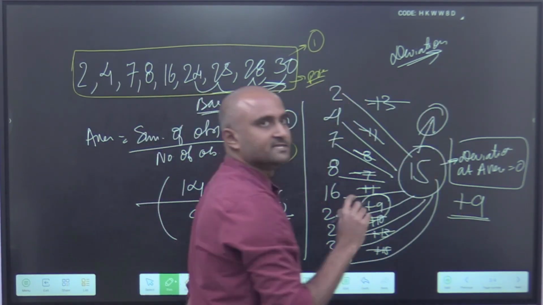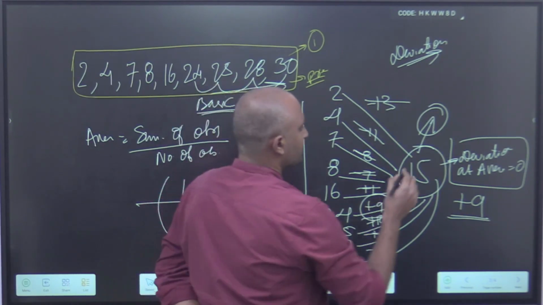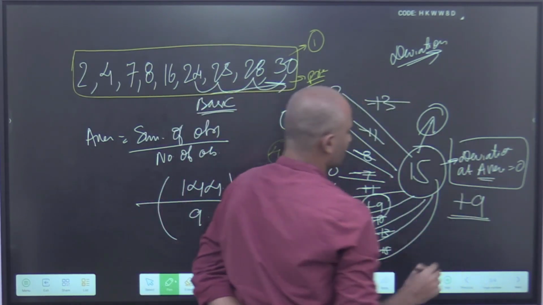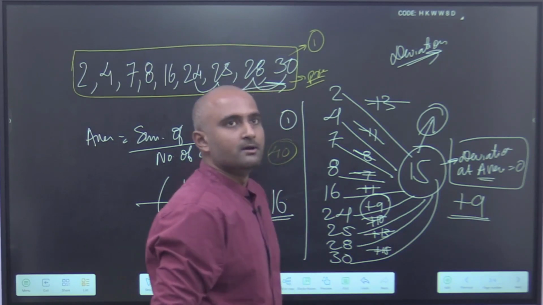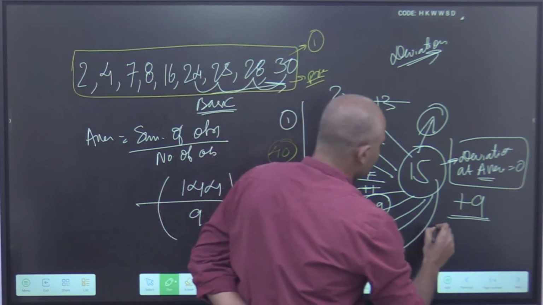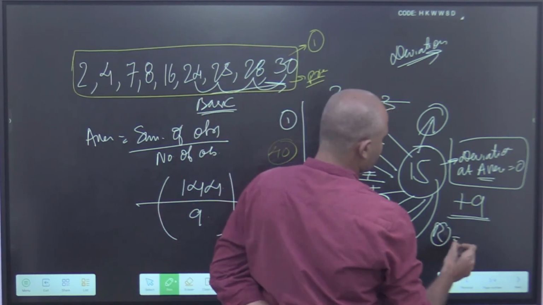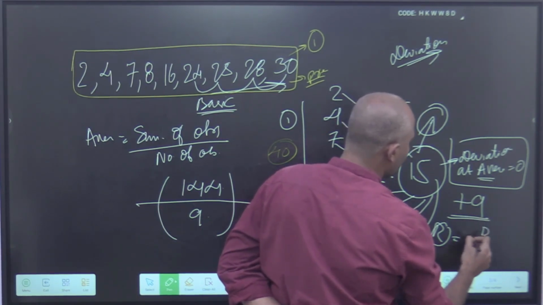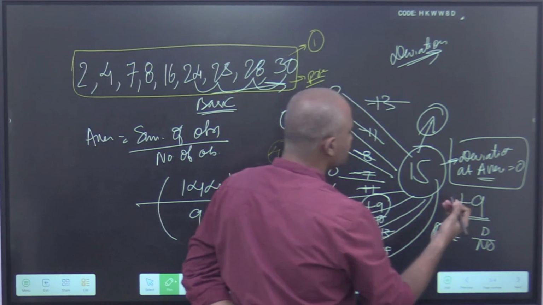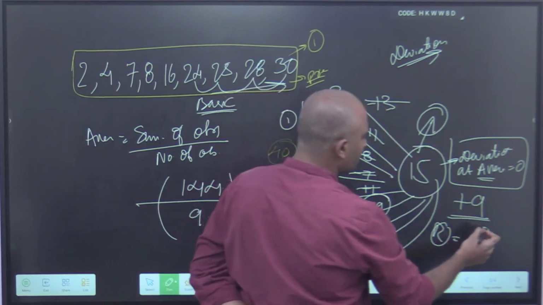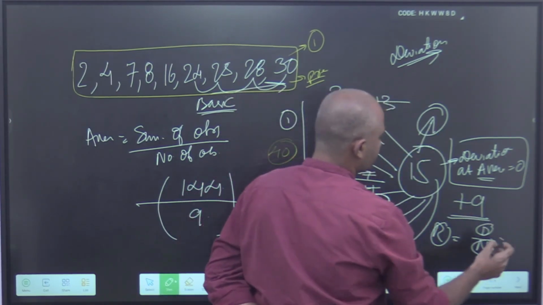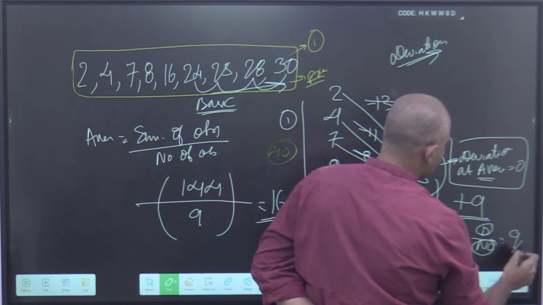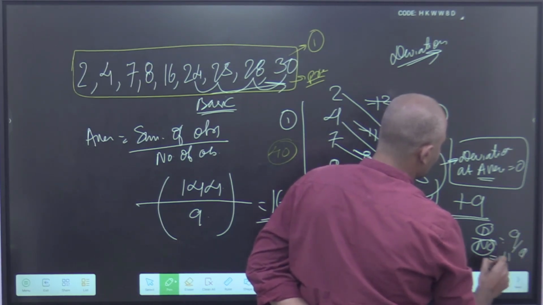But what does the law say? At your average, the deviation is 0, but we have a deviation of plus 9. So the change you need to get to the real average is deviation by number of observations, which is 9 by 9, which is plus 1.